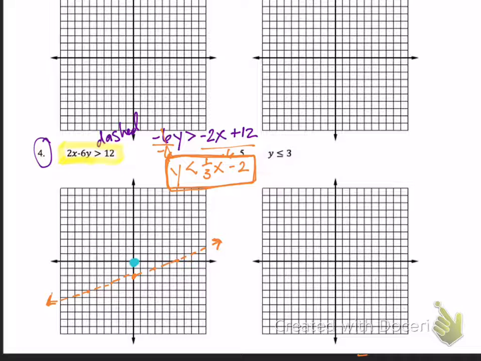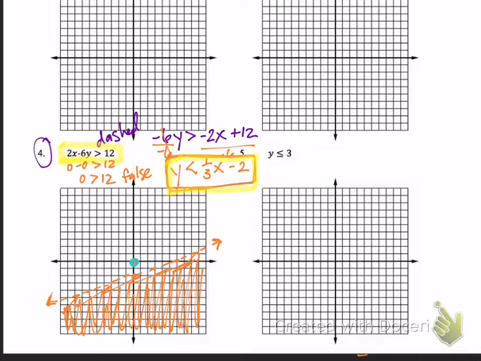Sometimes I find it's easier to plug in 0-0 there than into this equation, but it does not matter which one you plug it into because it's going to get you the same result as far as true or false. I'm going to plug it into the original, so that would mean 0 minus 0 is greater than 12. 0 is greater than 12. Is that true or false? False. So since it's false, that means I'm not going to shade where 0-0 is. I'm going to shade the opposite. So I'm going to shade where 0-0 is not, which would mean below.